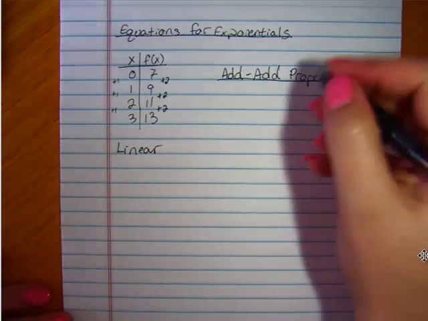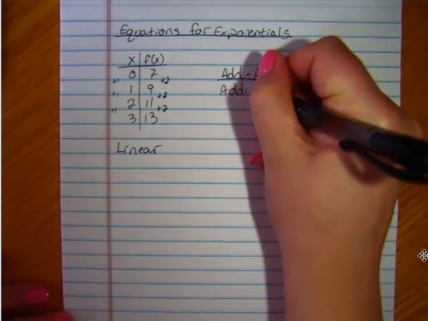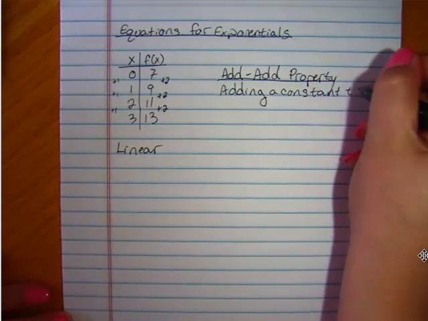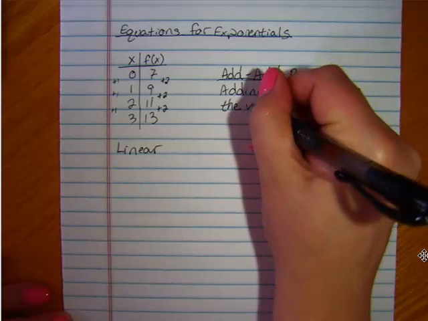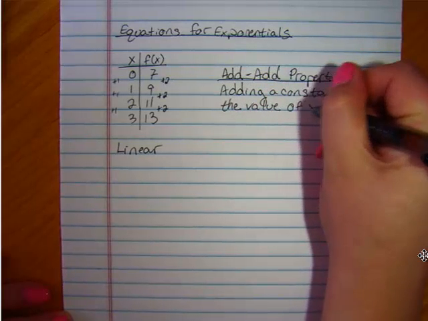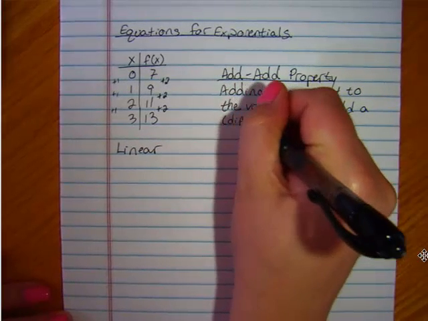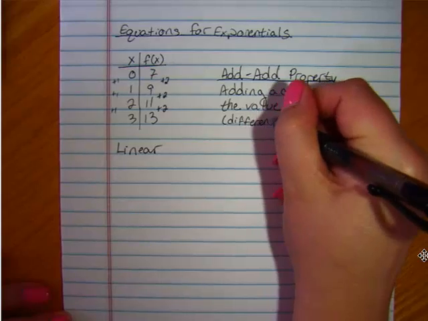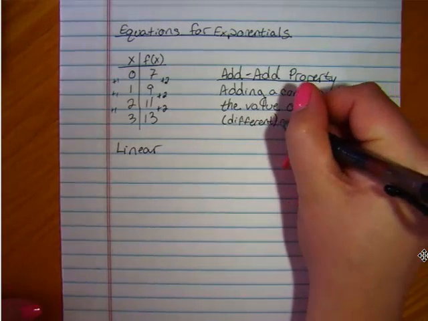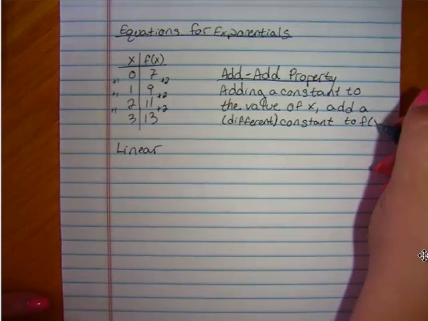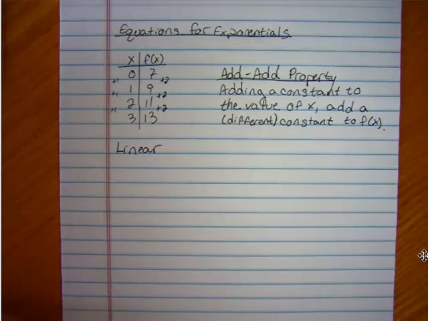The add-add property says adding a constant to the value of x adds a possibly different constant, but it could also be the same constant, to f of x. So adding a constant to the value of x also adds some specific constant to the f of x value. This is going to be a linear situation.